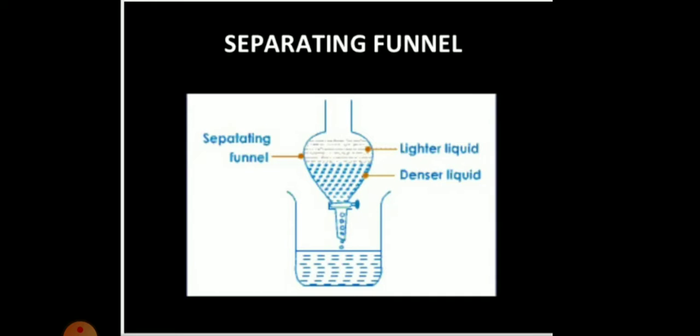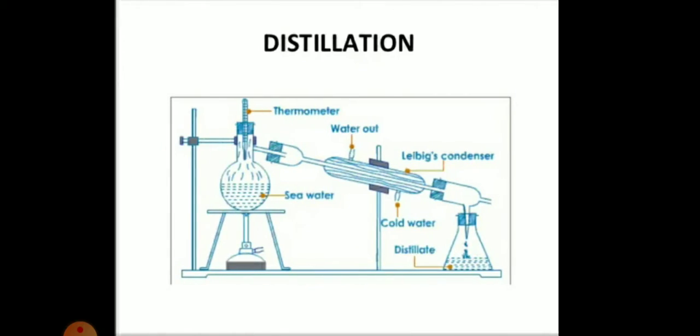The next method of separation is the distillation process. Children, this is the setup of the distillation process. In the distillation process, the liquid from a salt solution is separated by the evaporation of the liquid and then the recondensation of its vapor in another vessel.